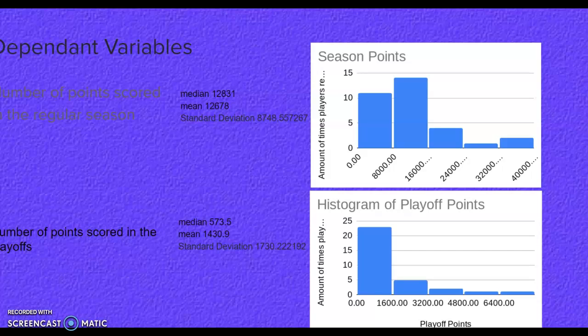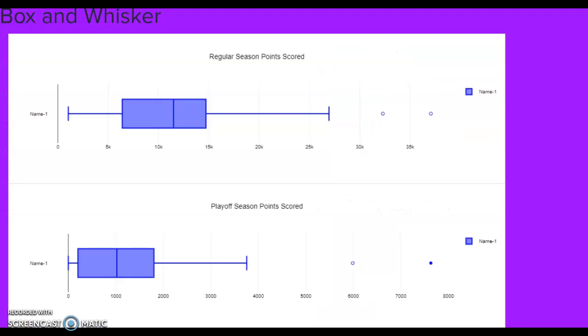There was only one player in each of those categories. The standard deviation was 1,730, which, looking at the histogram, is quite a lot. Most people are below 1,600, and since the standard deviation is already higher than that, the players were very spread out in their playoff points.